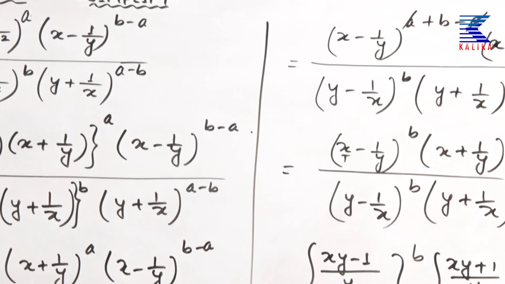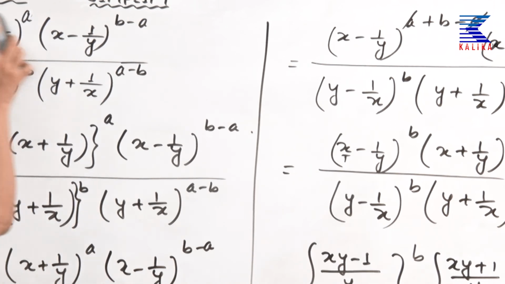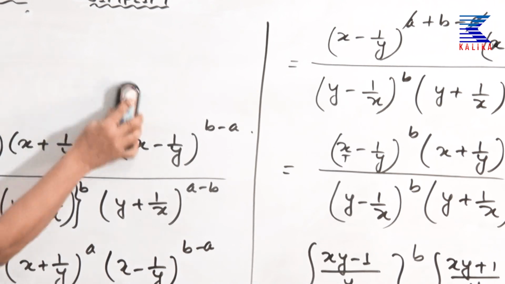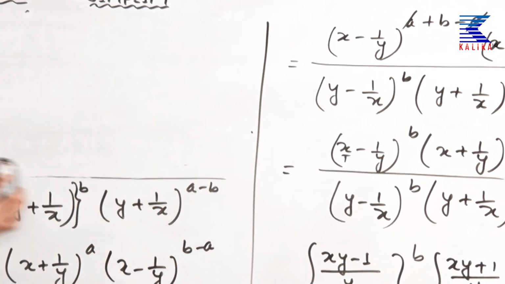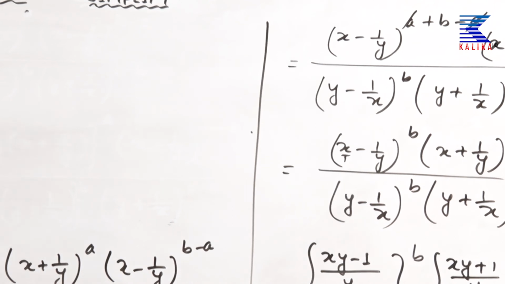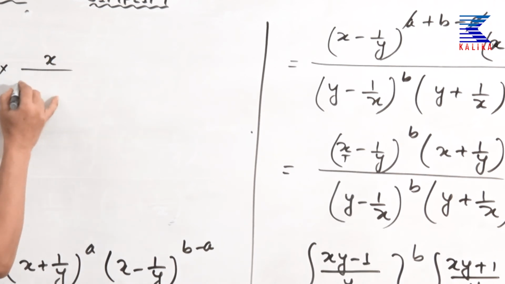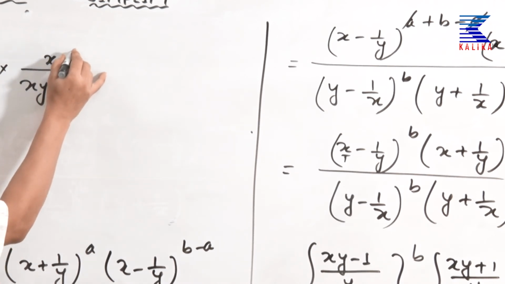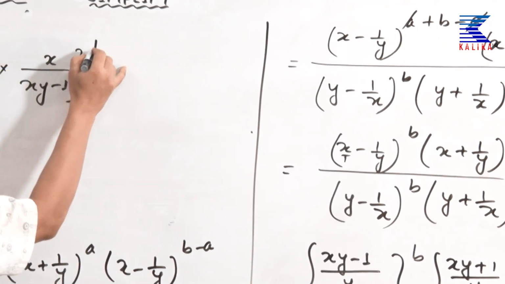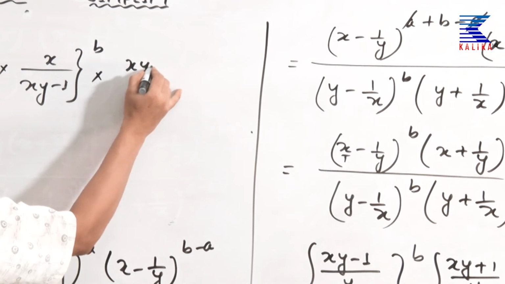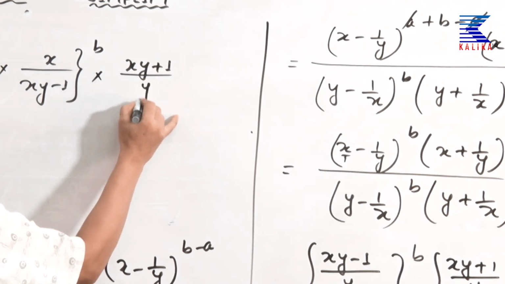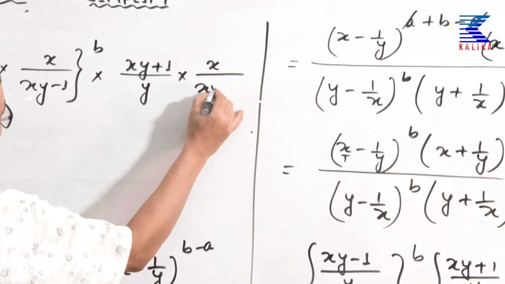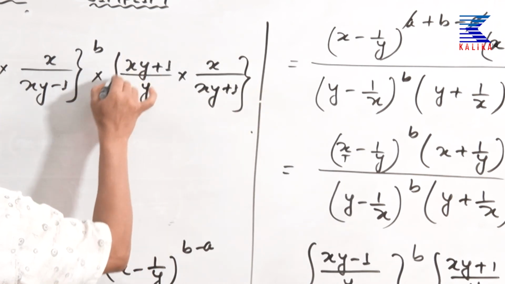Okay? Now, next, now reciprocal, this (xy − 1)/y into x/(xy − 1) to the whole power b, into similarly (xy + 1)/y into x/(xy + 1) to the whole power a.